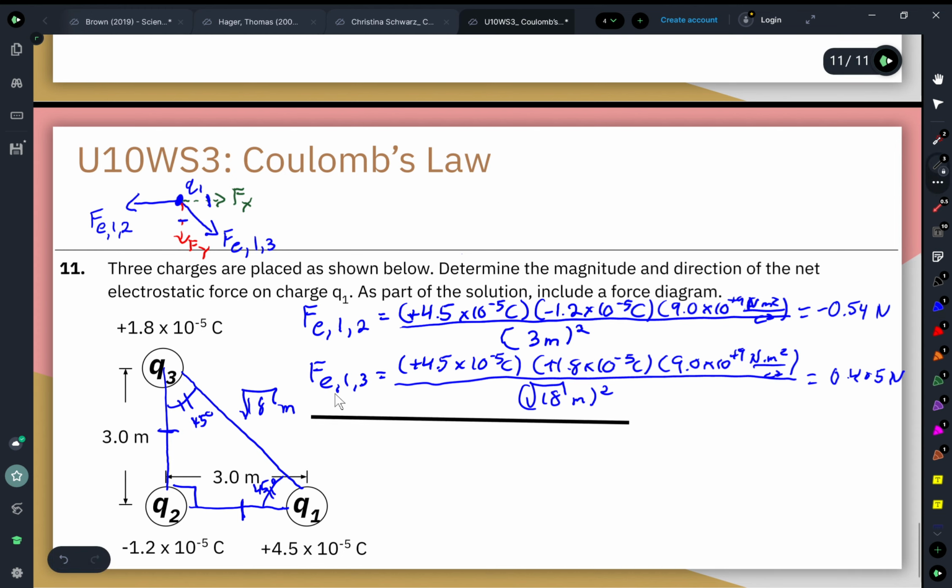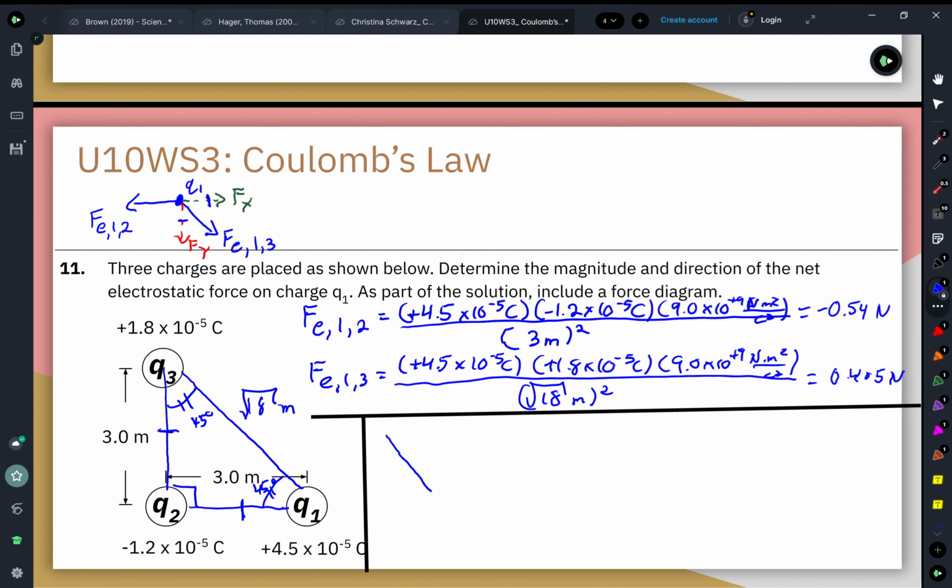So that would be another 45, 45, 90 triangle. What I mean by that is I'll draw what it looks like right here. If this right here is going to be our electric force, which we're saying has a magnitude of 0.405 newtons.